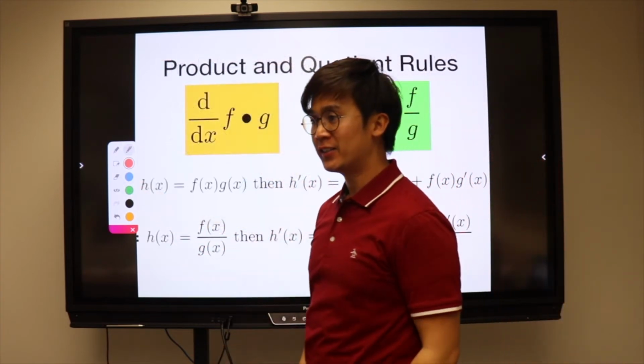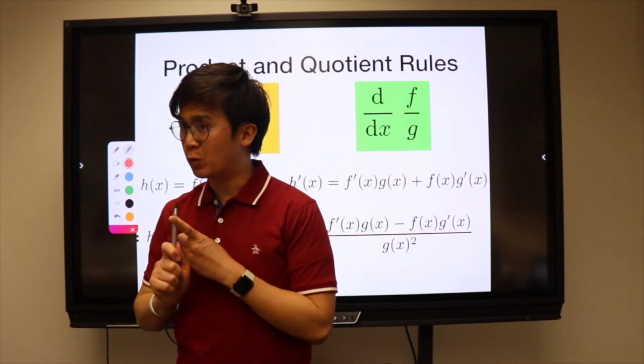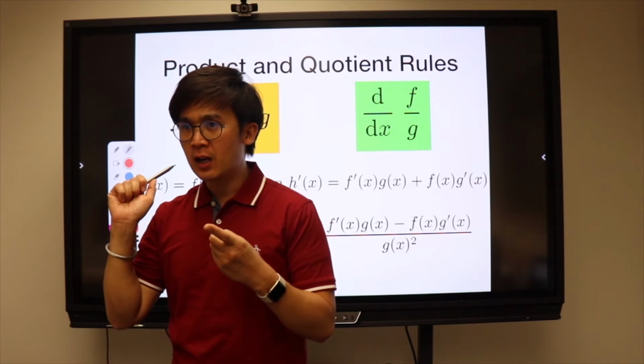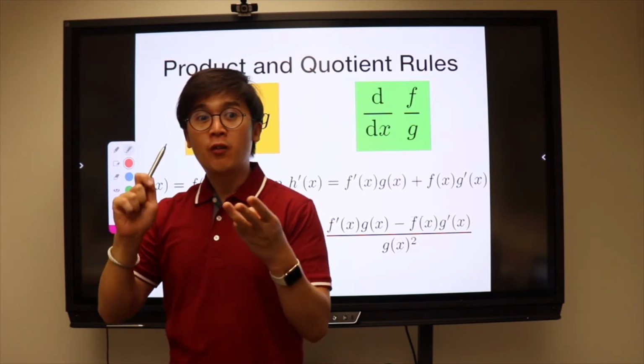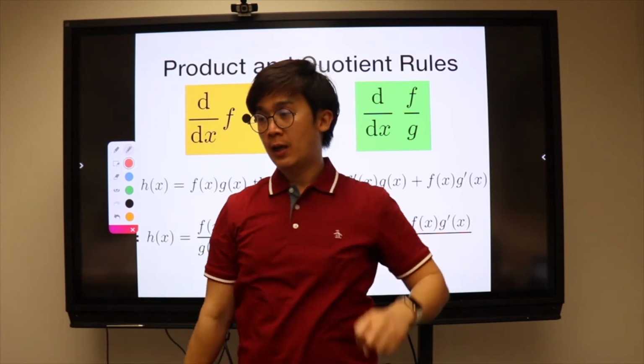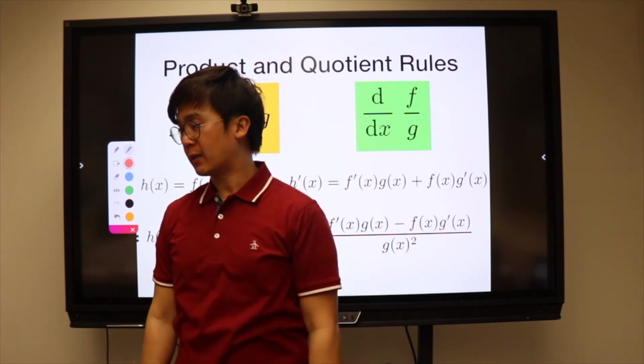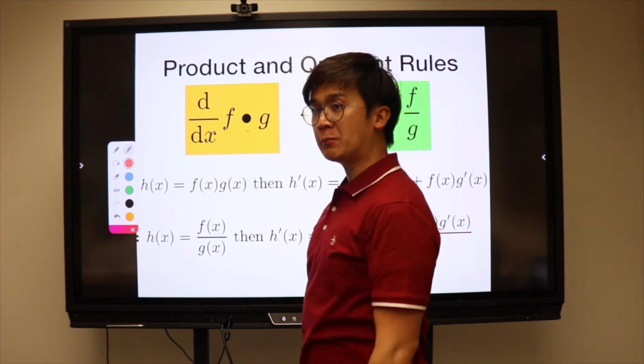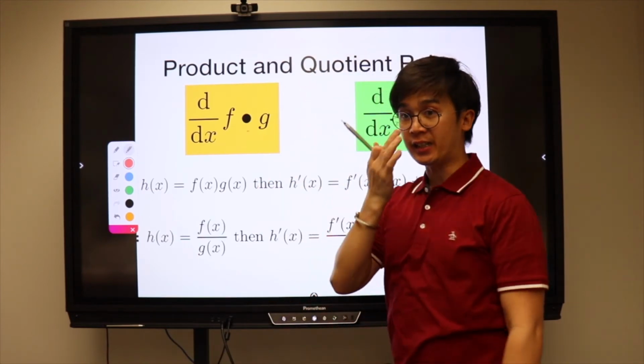Next rule. So we've learned the e to the u rule. We've learned the trig function rule. We've learned how to modify the function so we can use the power rule. Now the last two rules for today. F times g and f over g.